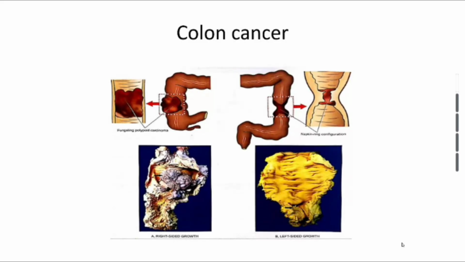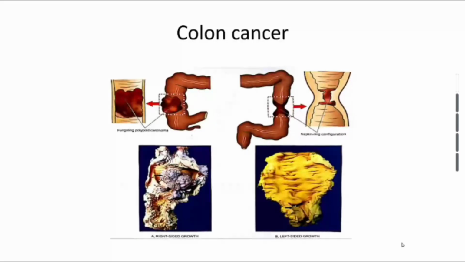And of course, you can see from that diagram there, that is how it can appear. You can see mainly on the right side of the colon, that is the ascending colon, it will tend to be exophytic, that is forming a cauliflower-like tumor growing into the lumen, because the caliber of the lumen tends to be wider there. And when you look at the left side of the colon, it tends to be a napkin ring configuration.